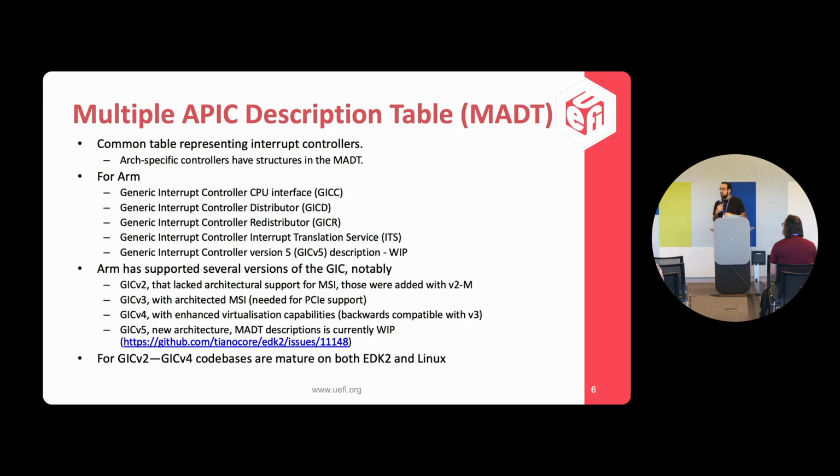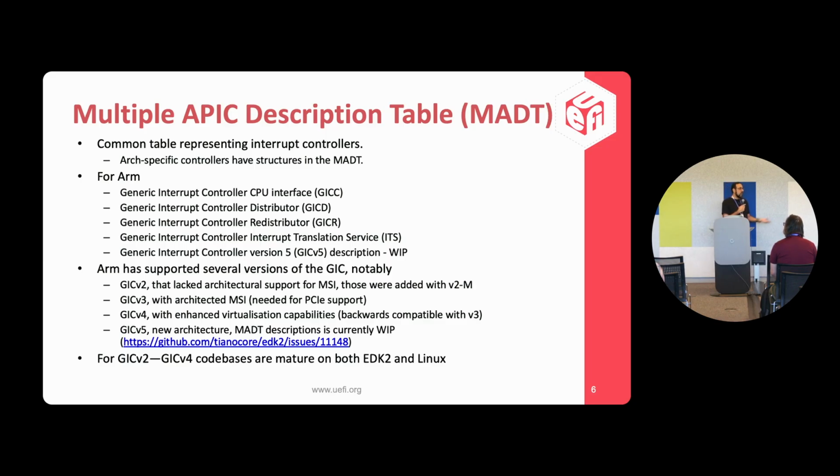GIC V3 added native MSI support, so you need GIC V3 with ITS to support ARM systems in a standard way when you have PCI supported in those systems. And again, you will find that as a requirement in our base system architectures and our compliance check tests.